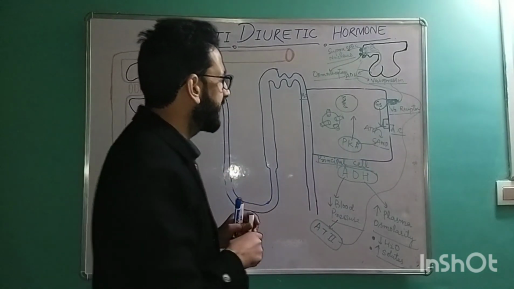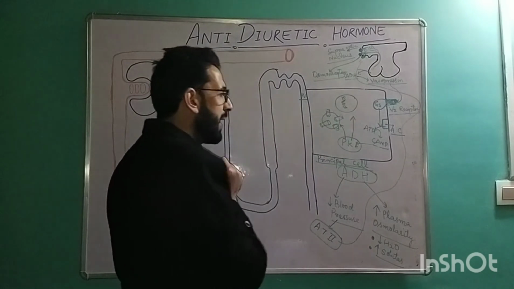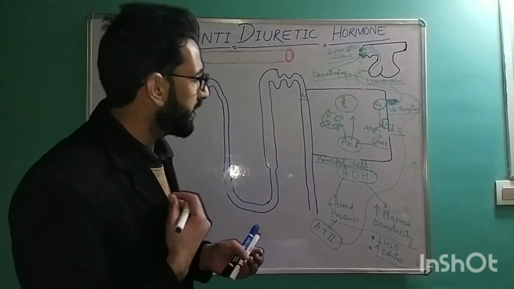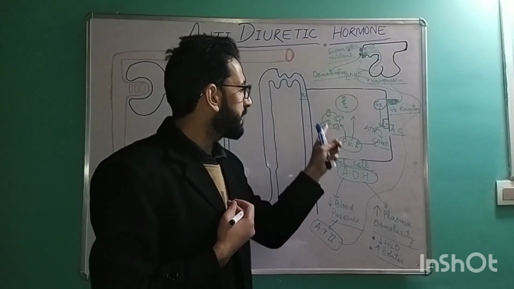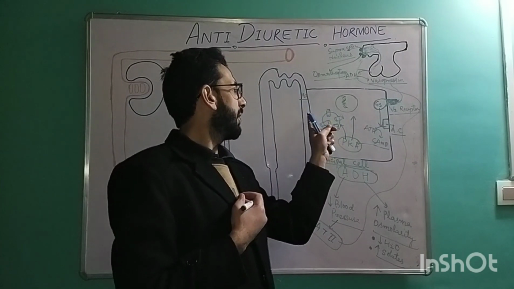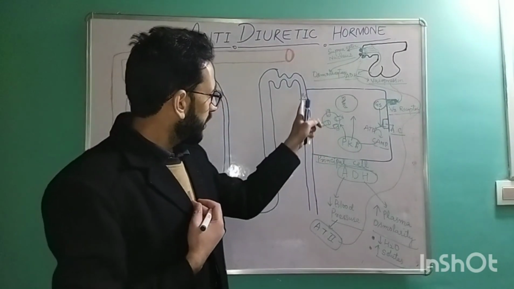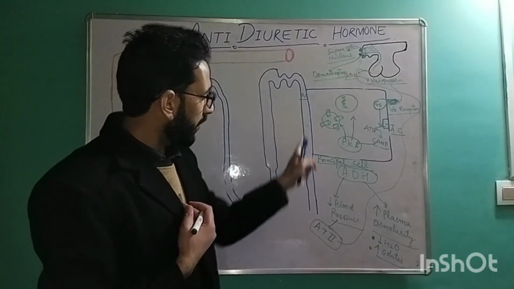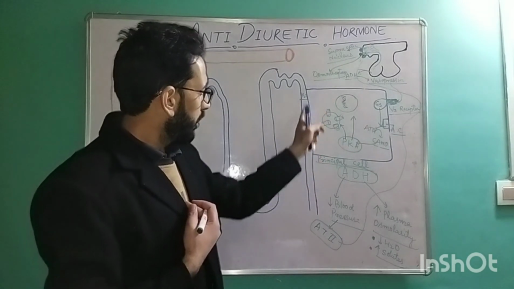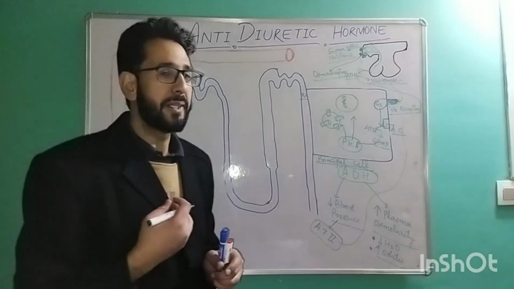The second thing is, now this protein kinase A acts on this vesicle. Okay, and it activates special proteins, the proteins which are responsible for the movement of this vesicle towards the luminal membrane. Okay, here is the lumen of the collecting duct. This is the luminal membrane, and this is the basolateral membrane here.